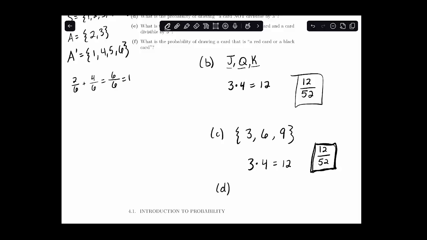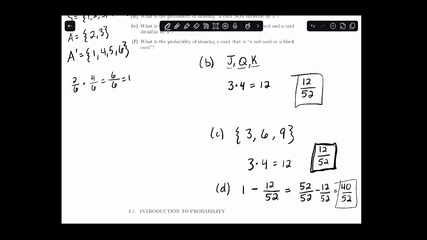So if I use that complement rule, the probability of getting something not divisible by 3 would be 1 minus the probability of getting something that was divisible by 3. And if I made a common denominator here, I would have 52 over 52 minus 12 over 52, which would be 40 over 52. And so this would be my probability.